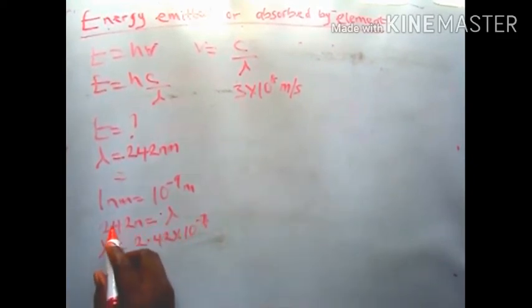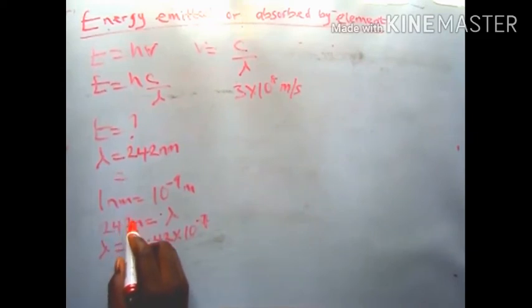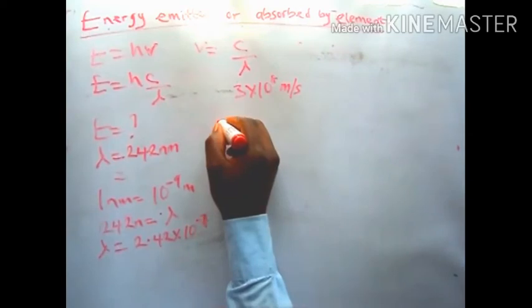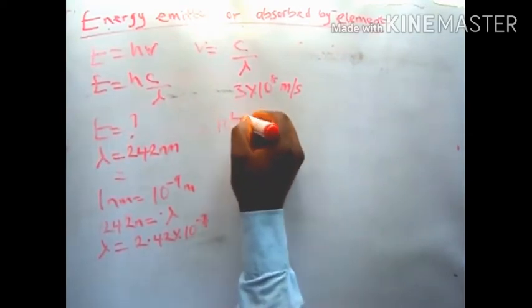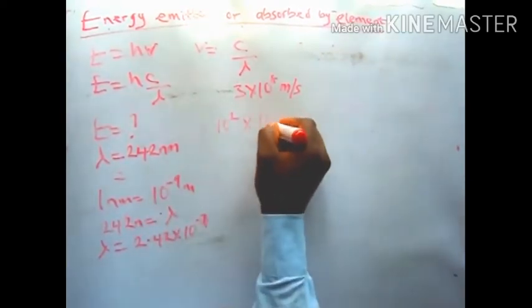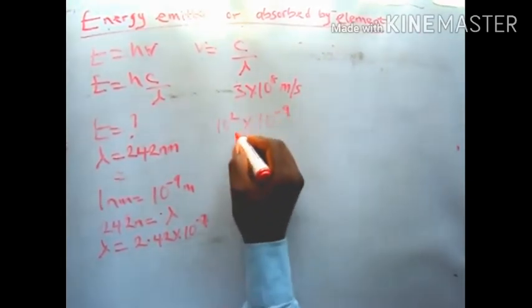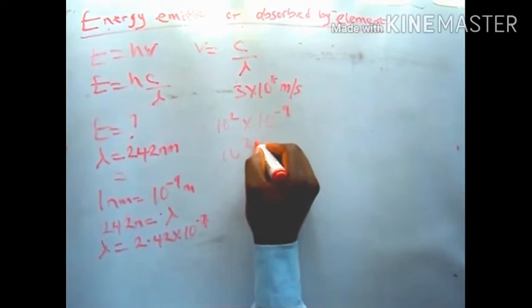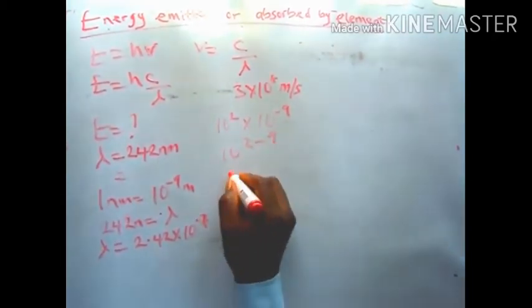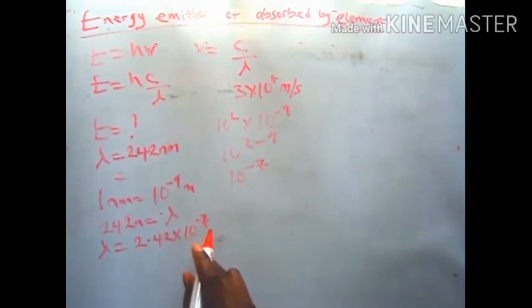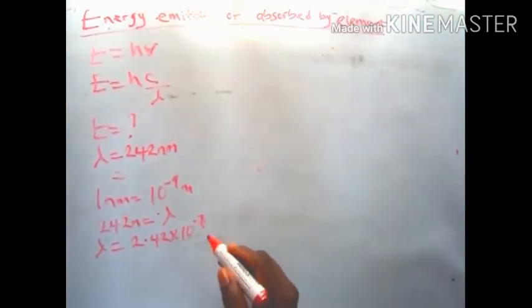I hope you get it. This 242 is like 10 raised to power 2 multiplied by 10 raised to power minus 9, so your indices will now be 10 raised to power 2 minus 9, giving 10 raised to power minus 7. That's how we get this 7 here, and that's in meters.